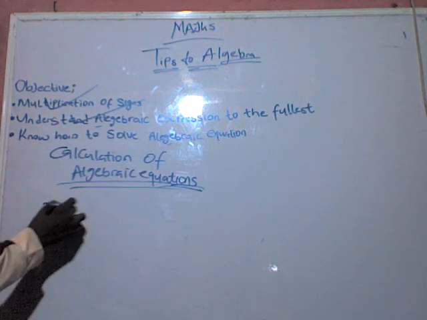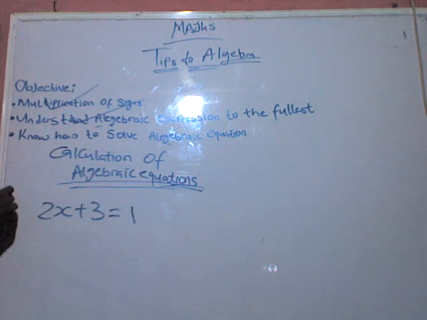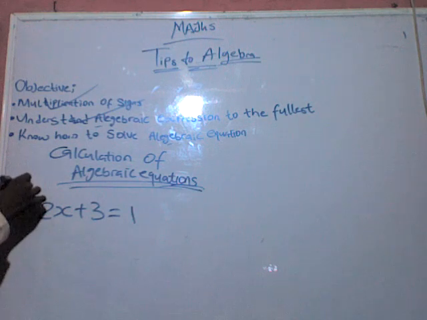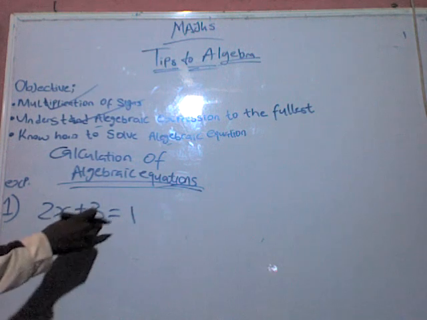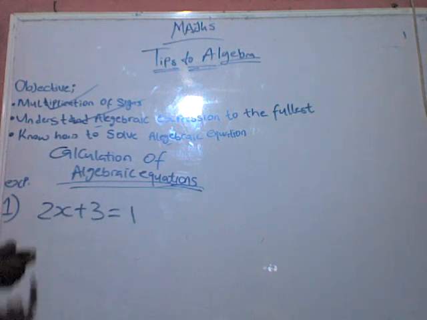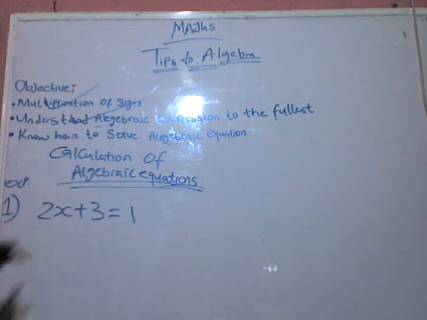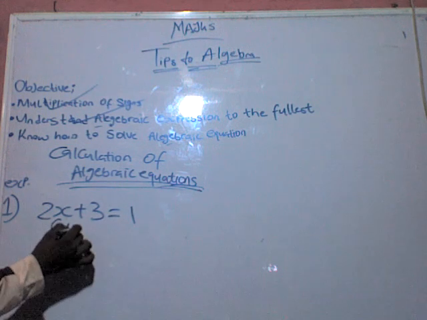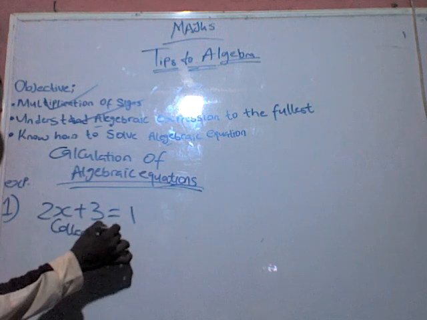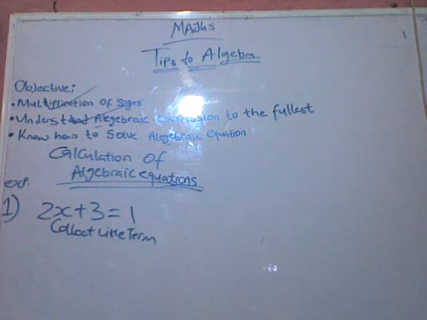We have 2x plus 3 equals 1. This is our example 1. So to solve this, the first thing we do is collect like terms. And what do we mean by like terms?